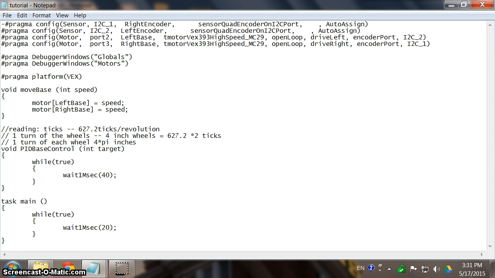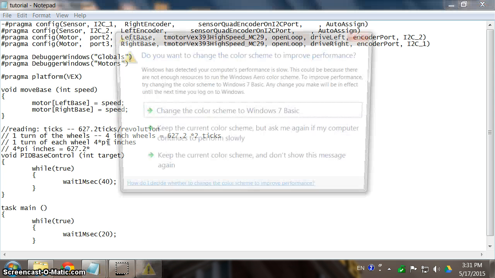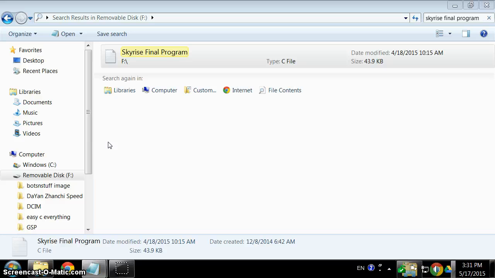So from this logic, we know that every 4 times pi inches is essentially the same thing as what the computer reads as 627.2 multiplied by 2 ticks.